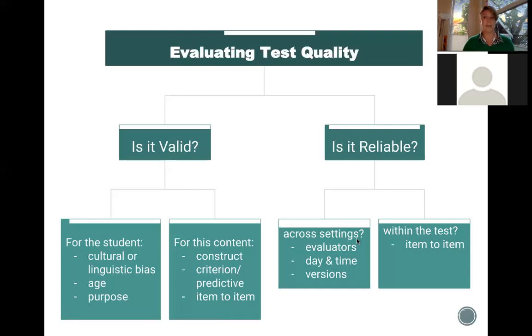So our Form A and Form B have different questions, but are they similar enough that a student would take Form A and Form B and get the same score?